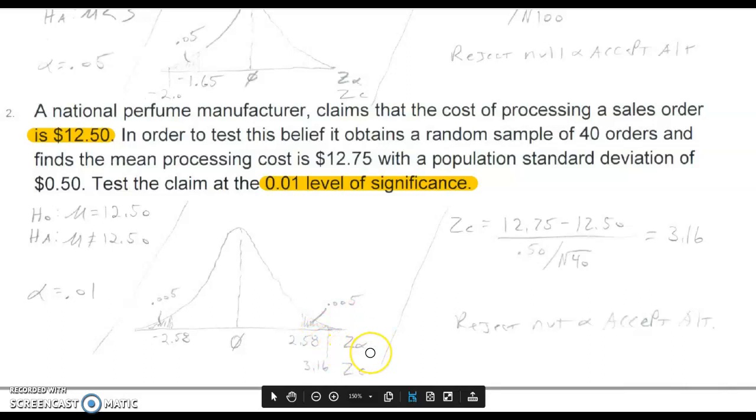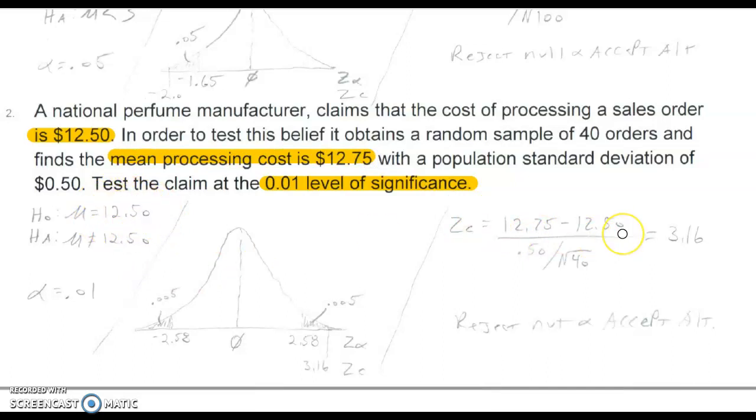Now let's do our computed Z. To find the computed Z, we take our mean cost, which was $12.75. We subtract from it our hypothesized mean of $12.50, and then we divide by the standard error. Well, the standard error is, as always, the population standard deviation divided by the square root of our sample size, and the sample is 40.